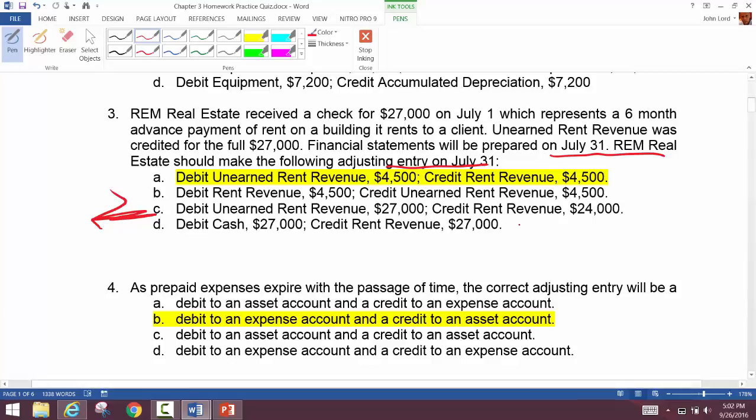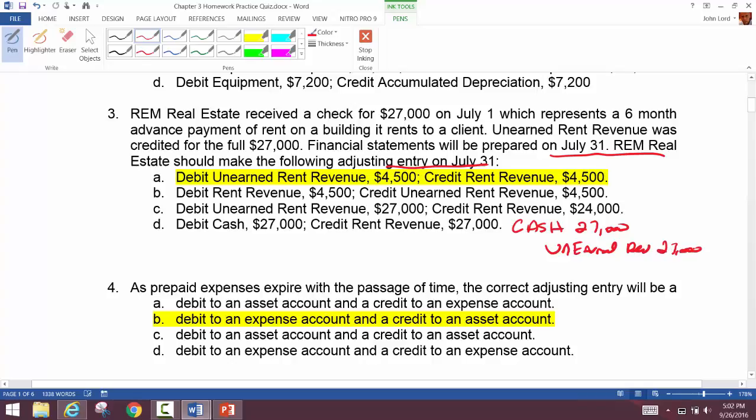Debit cash $27,000. Credit unearned revenue $27,000.